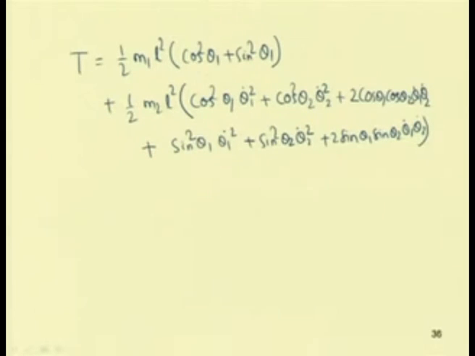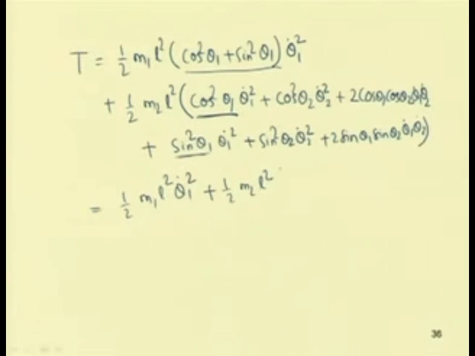Now, cos squared theta plus sin squared theta equals 1. So this gives rise to half m1 L squared theta 1 dot squared plus half m2 L squared. Here cos squared theta 1 plus sin squared theta 1 becomes 1, so this becomes theta 1 dot squared.